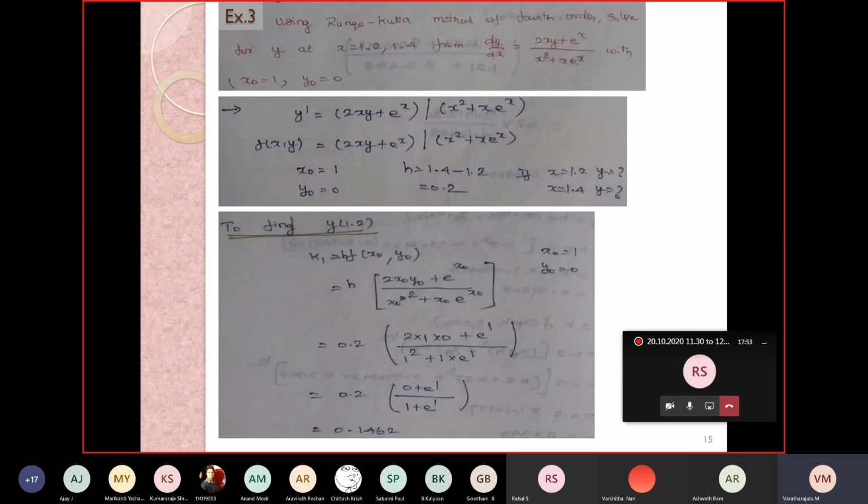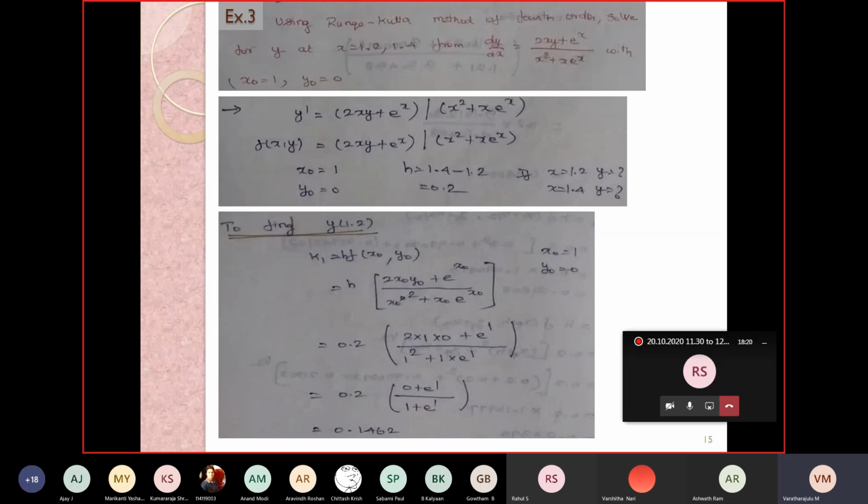E power 1 by 1 plus e power 1. That you first find. What is your e power 1 divided by 1 plus e power 1?